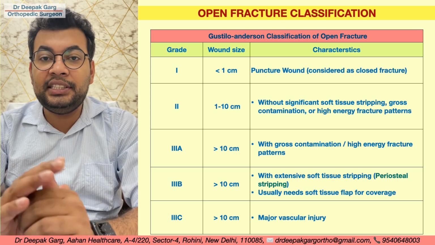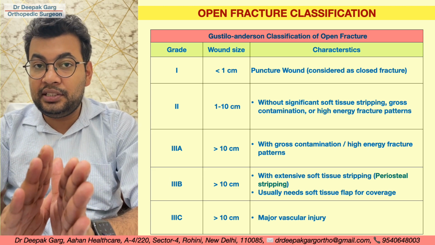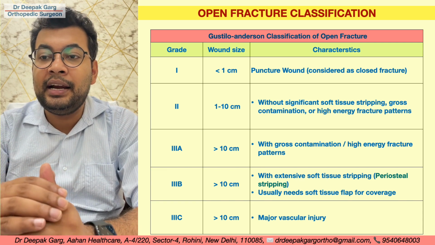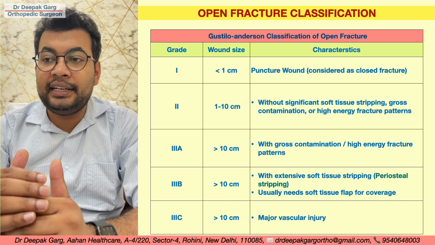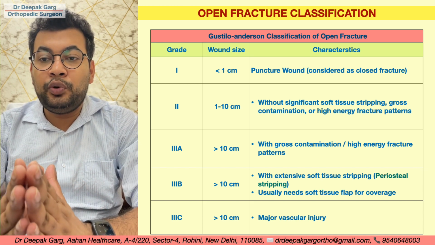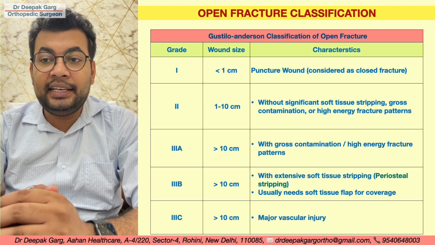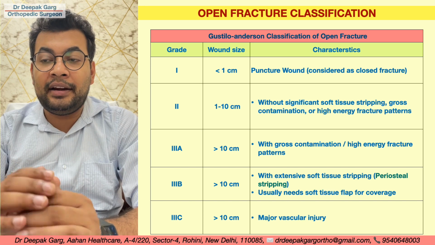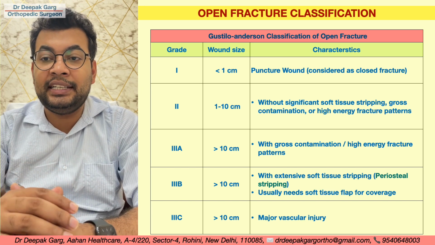Now grade 3 is a wound size more than 10 centimeter, and features like gross contamination will be there and it will be a very high energy fracture pattern. It is again divided into A, B and C. 3A is a complex fracture pattern with gross contamination, size more than 10 centimeter.